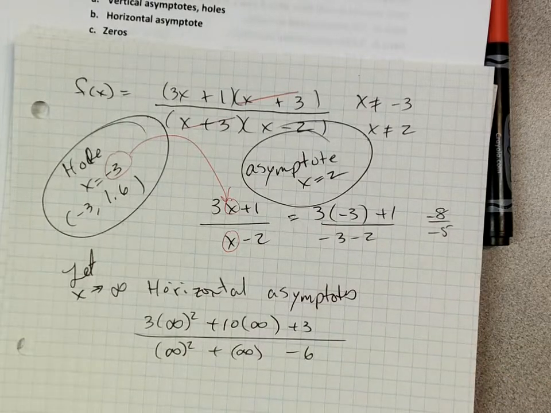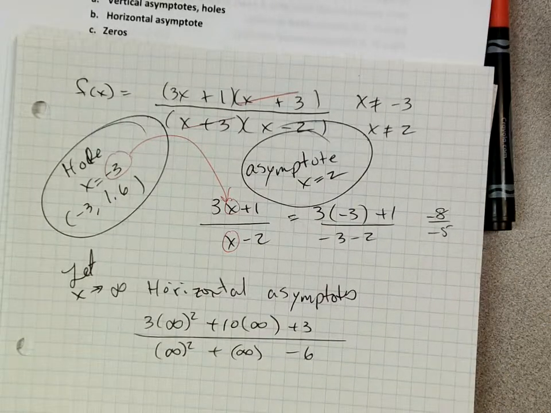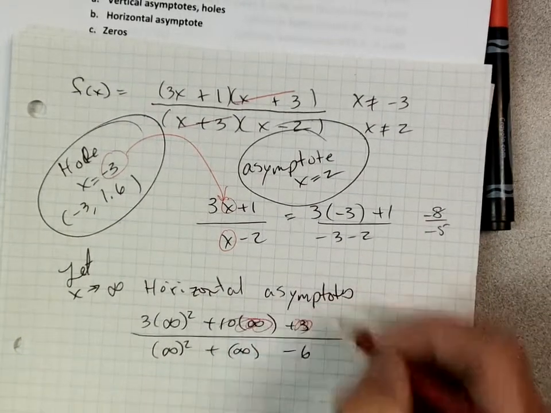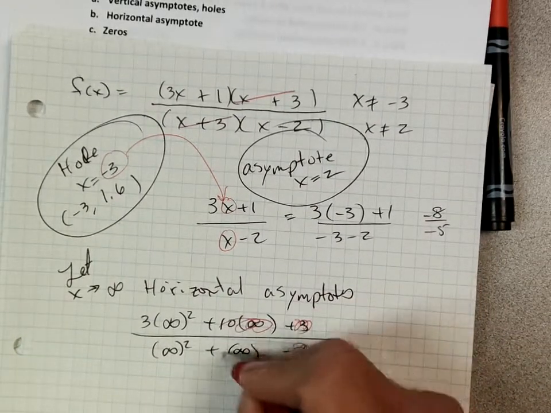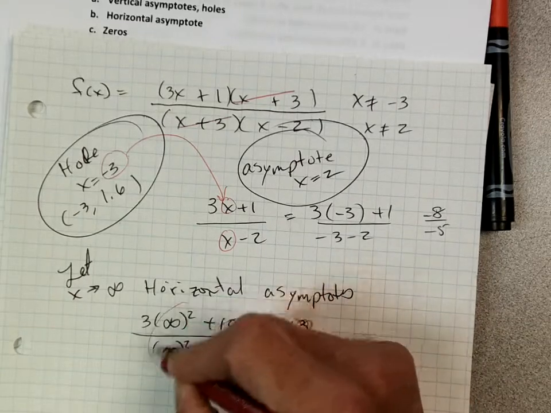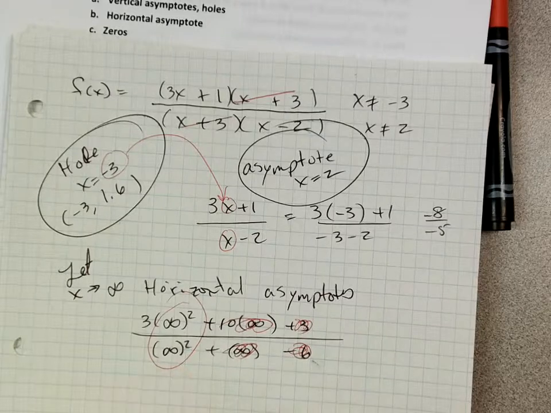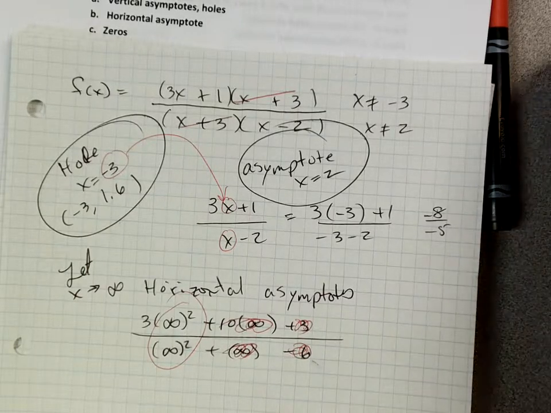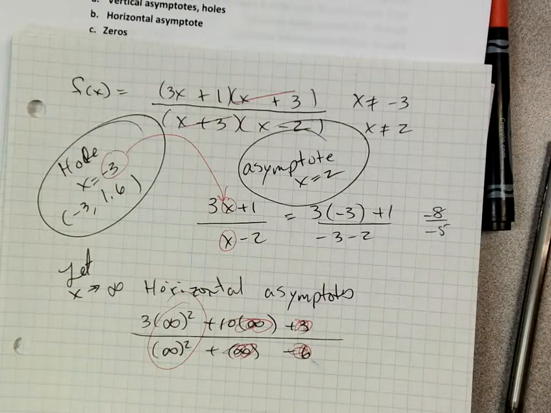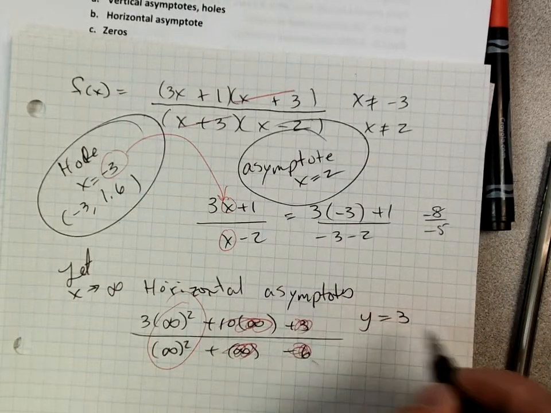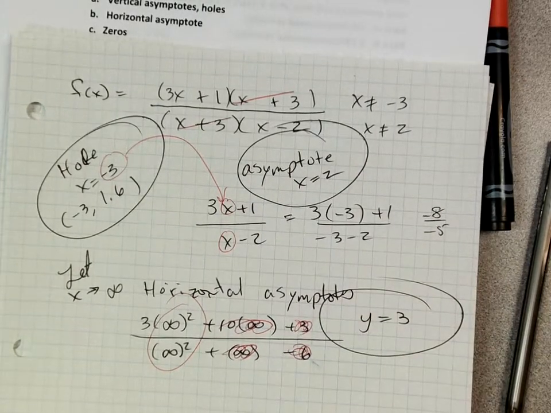And since infinity is so big, we just gobble up. 3 gets gobbled up, 10 infinity gets gobbled up, negative 6 gets gobbled up, infinity gets gobbled up. So what you're really left with is 3 infinity squared divided by infinity squared. So we know that our horizontal asymptote has to be at y equals 3, okay? Circle that, because we're going to have to graph that, okay?